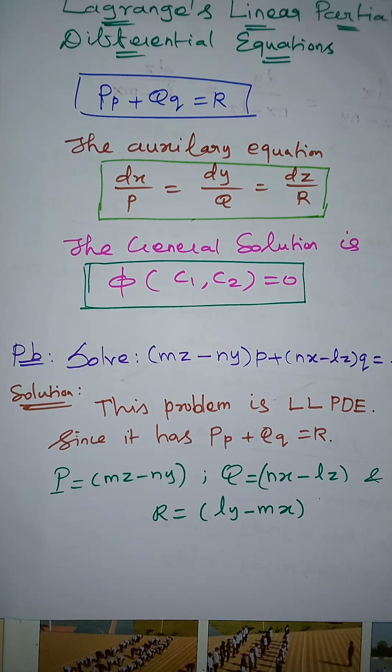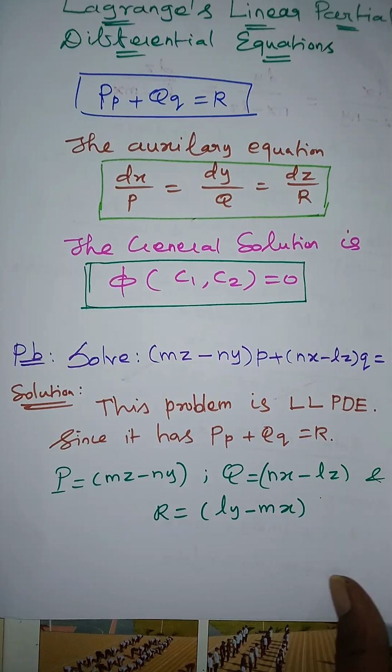The one along with small p is capital P. The one along with small q is capital Q. These two are on the left hand side of the given problem. Go to the right hand side, there is no p and no q, so let us consider that as R.